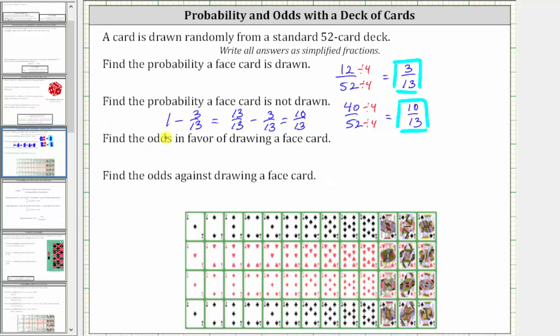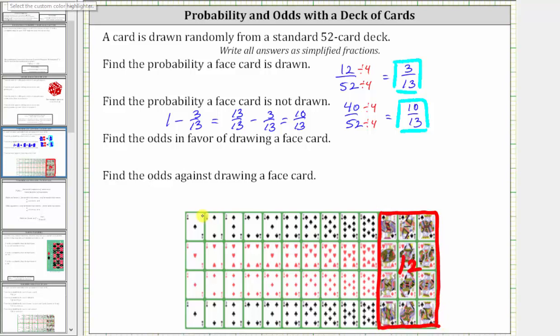So we're asked to find the odds in favor of drawing a face card, which is going to be the ratio of the number of favorable outcomes to the number of unfavorable outcomes. We already know there are 12 face cards, and therefore there are 12 favorable outcomes.